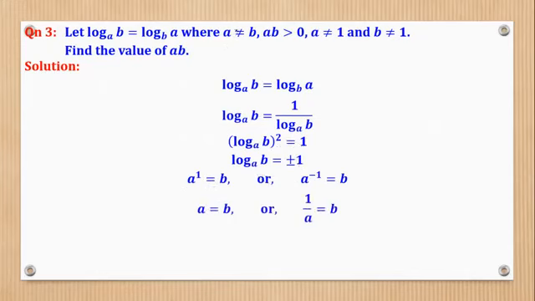But remember they told us this one gives this, and this one gives this, so negative power gives a reciprocal. But they told us that a is not equal to b, so this is eliminated. When it is eliminated, we shall remain with 1 equal to ab. And they wanted the value of ab, so we have got it, and that will be the answer.